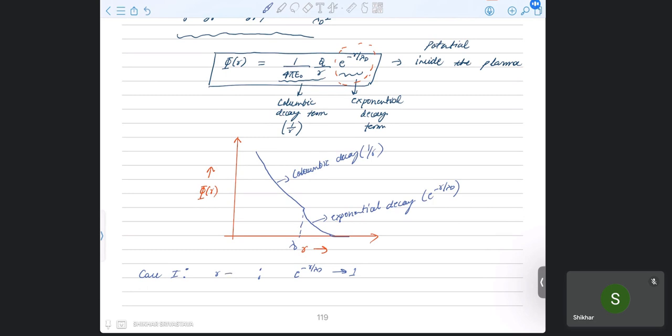When r tends to 0, your exponential term will tend to 1, and your Coulombic decay term, which I will write as phi of c, will go to infinity, right? Because there is a 1 by r term.